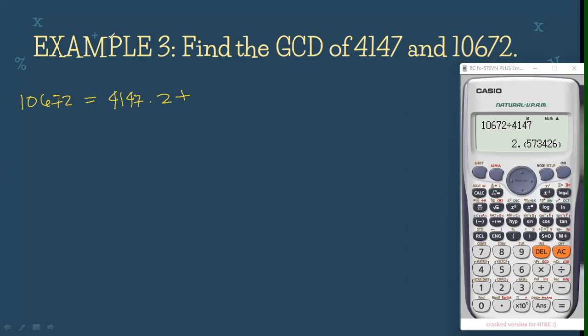Plus, ilan po yung magiging remainder kapag i-divide po natin sila. 4,147 times 2 is equal to 8,294. Now, 10,672 minus the answer, which will give us 2,378.